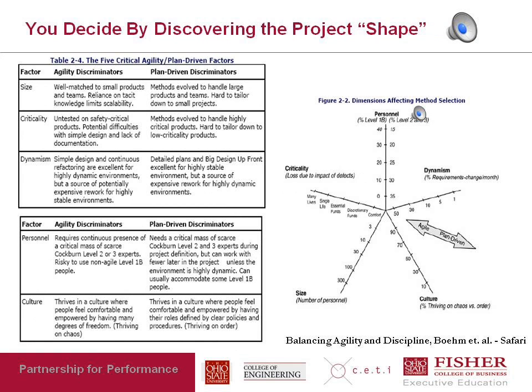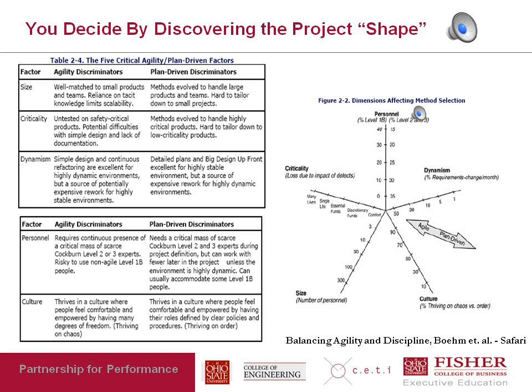So now, how do you decide whether to use a structured process or whether to use an agile process? You decide by discovering what is known as the project shape, or the characteristics of the project, across 5 dimensions. The first dimension is the level of personnel. The second dimension is the amount of dynamism within the project.